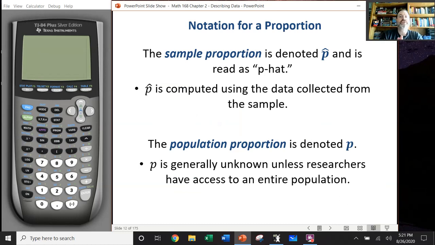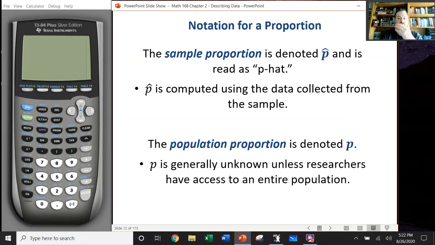So notation is incredibly important in this class. Not so much in Chapter 2, but once we hit Chapter 3, you will have to have your notation already learned. We're going to introduce almost all of the notation you'll need in Chapter 3 during Chapter 2. So our sample proportion is denoted with that symbol, and it's called p hat. So for the rest of the semester, if you see that little guy, you're going to call him p hat.